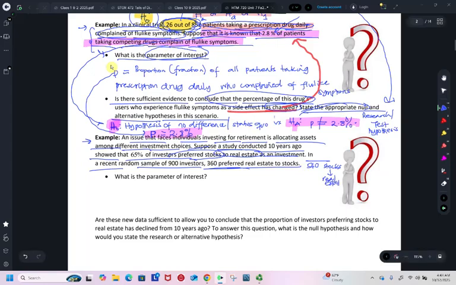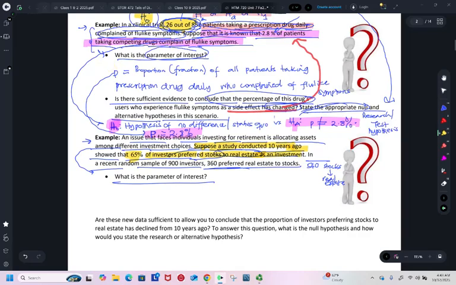All right. So, based on this description, what is the parameter of interest? In this case, it is obvious that what we have data on regarding the results of a study from 10 years ago was the percentage or proportion of investors who preferred stocks to real estate as an investment.